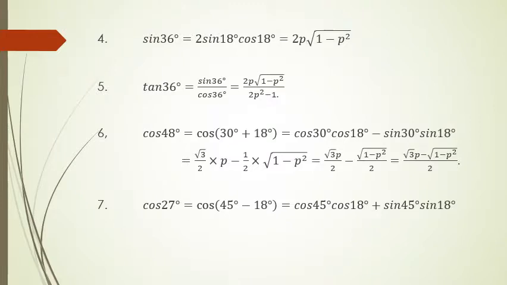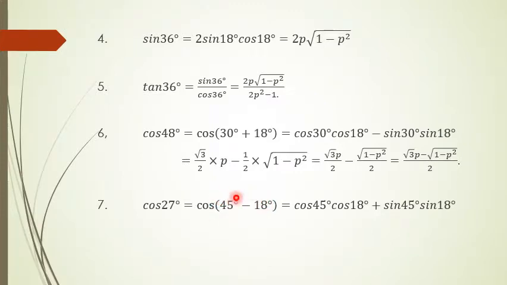Number 7, cos 27 degrees. You study it and see how you can express it as a sum or a difference of a special angle and 18 degrees. We find out that 27 is 45 minus 18.